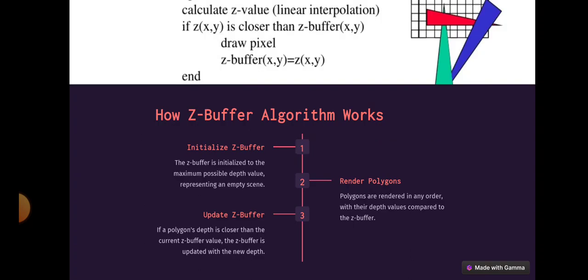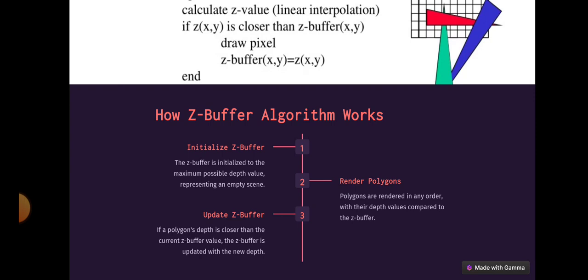Now, how the Z buffer algorithm works. First, initialize the Z buffer: it is set to the maximum possible depth value, representing an empty scene. Next, render the polygons: the polygons are rendered in any order with their depth values and compared to the Z buffer.